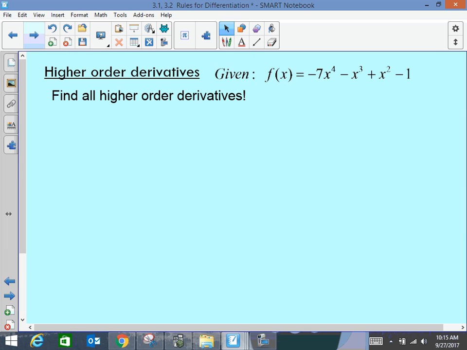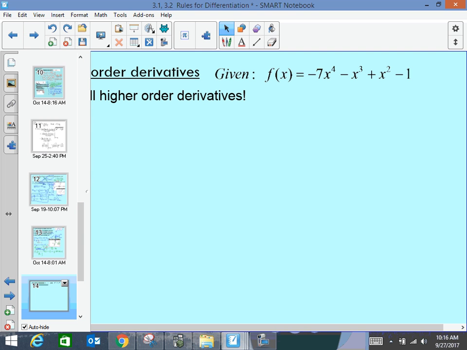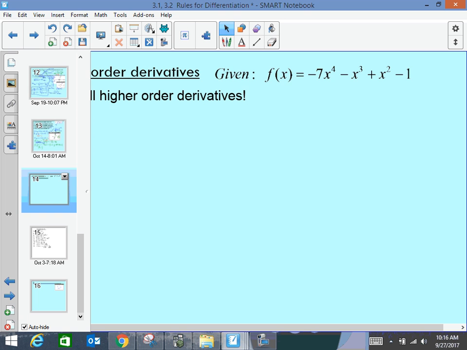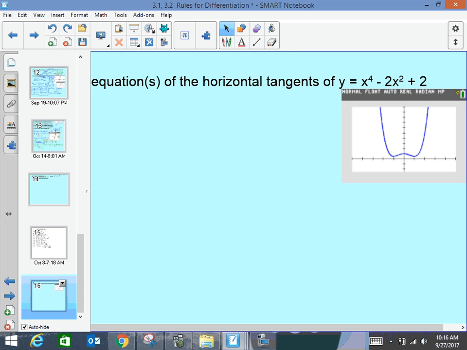Nope. All right. Let's do this. Given f of x, find all the higher order derivatives: 1, 2, 3, 4, and beyond. Yes, ma'am. How many slides do we have? Not very many. I think this might be it. I'm wondering if I should start a new page. I think we have one more after this.